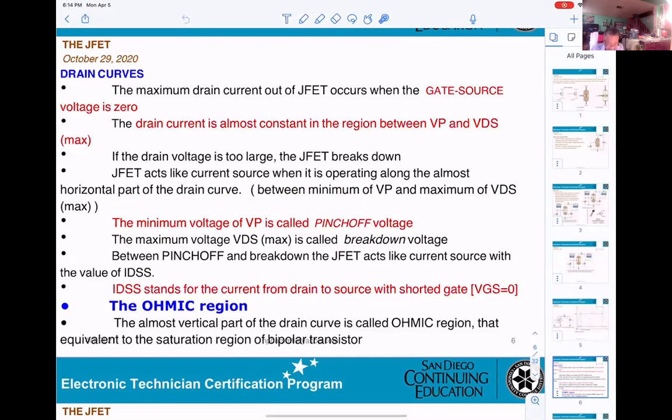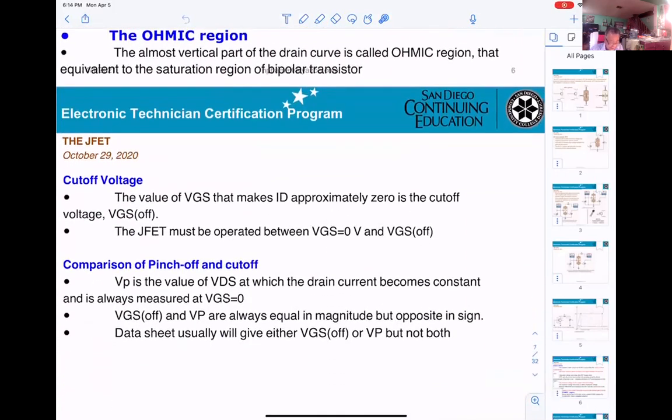Between the pinch off and the breakdown, the JFET acts like a current source with the value of IDSS. IDSS stands for the current from the drain to the source with the shorted gate. Shorted gate means VGS equal 0. Ohmic region, the almost vertical part of the drain current, is called the ohmic region. That is equivalent to the saturation region of the bipolar transistor.